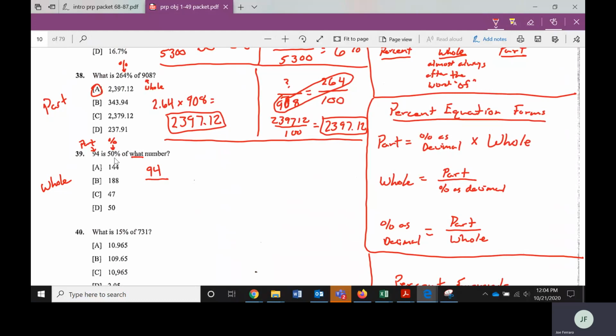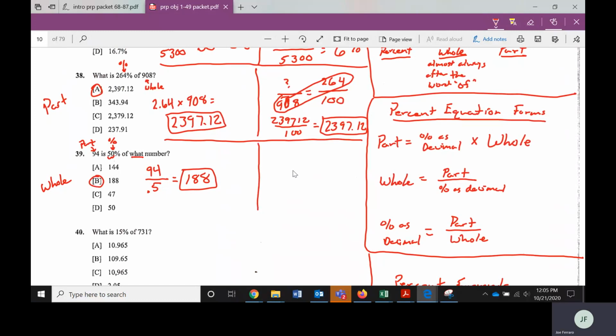So here we'd have to go 1, 2, 0.5 or 0.50, whatever you want to write. Then we take 94 divided by 0.5, and we get 188.